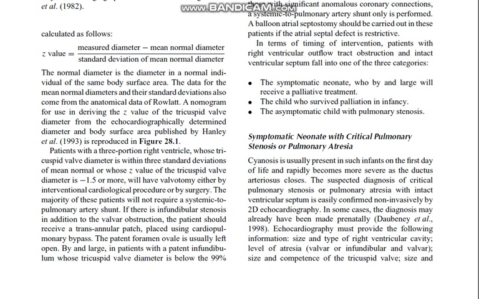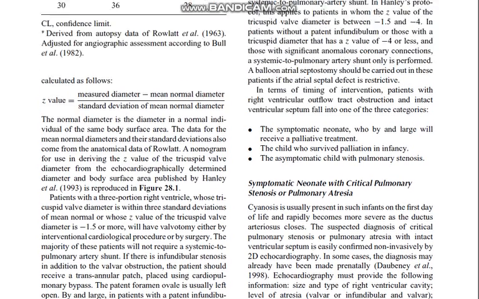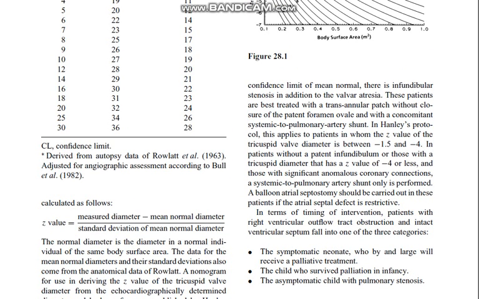By and large, in patients with a patent infundibulum whose tricuspid valve diameter is below the 99% confidence limit of mean normal, there is infundibular stenosis in addition to the valvular atresia. These patients are best treated with a transannular patch without closure of the patent foramen ovale and with a concomitant systemic to pulmonary artery shunt.